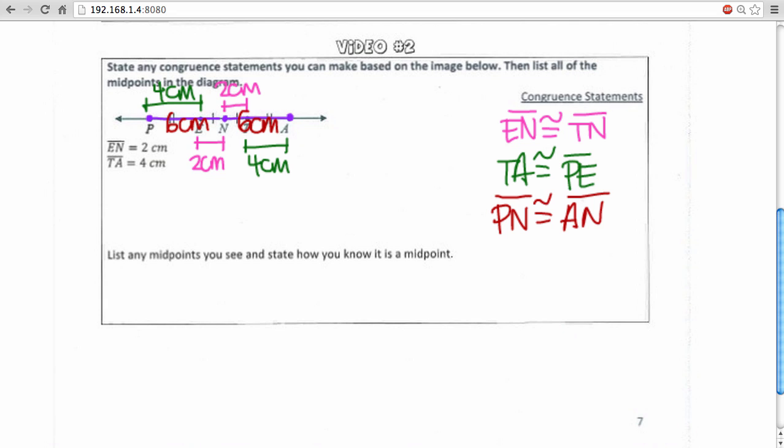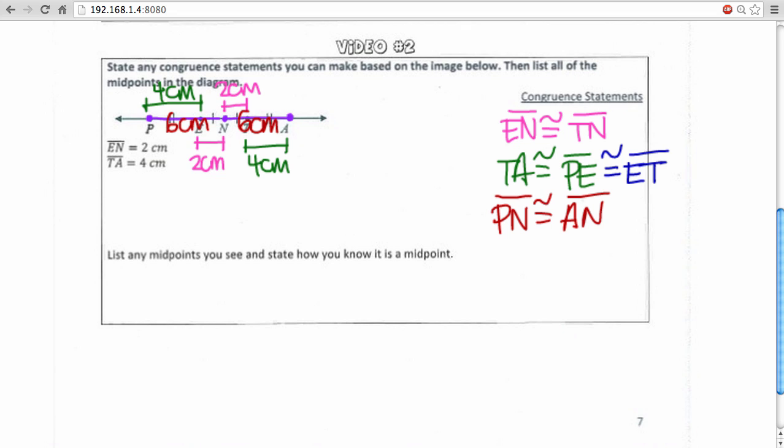Notice that segment PE is 4 centimeters and segment AT is also 4 centimeters. We can add on to our middle statement that TA is congruent to PE and PE is congruent to ET. Each of those is 4 centimeters in length.